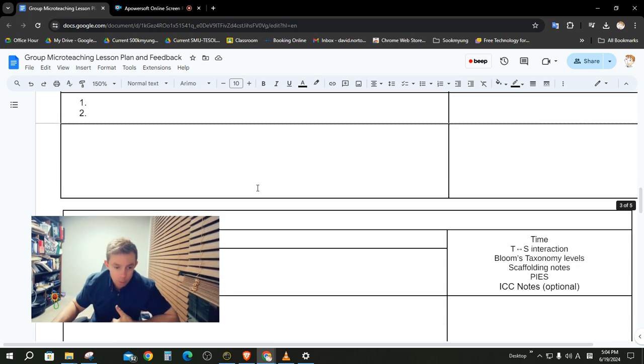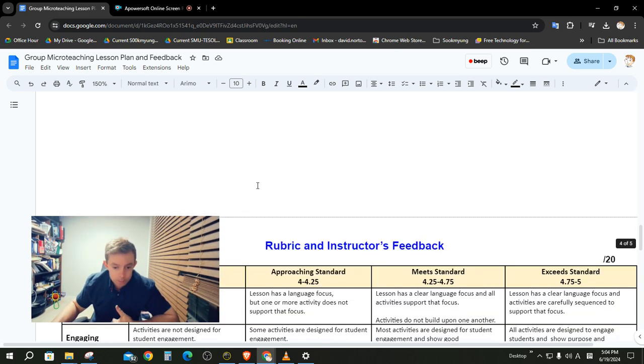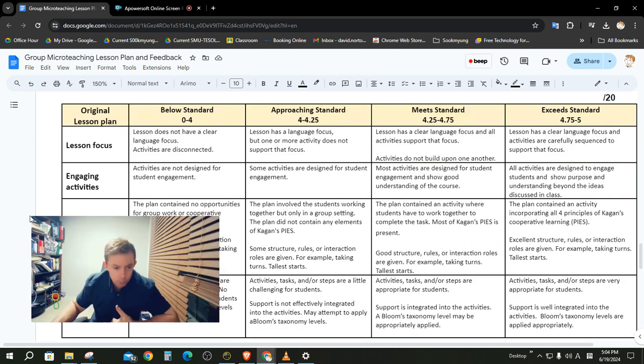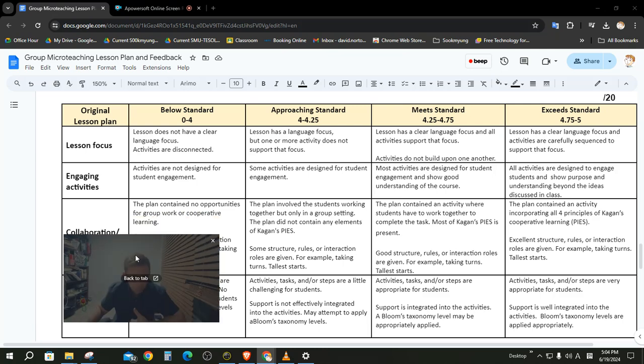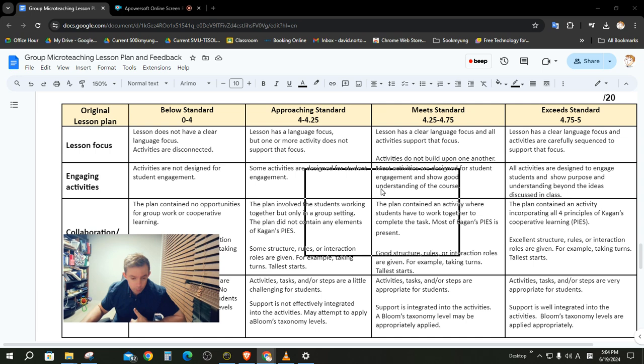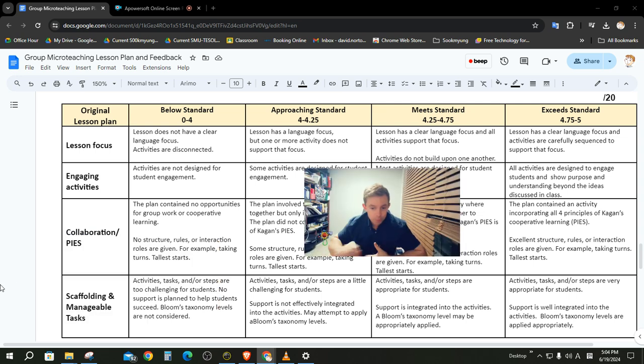What's more, let me tell you about your rubric a little bit. You remember being a student. It's important to know your rubrics. Of course, as a teacher, you use these things, I'm sure. But in your lesson plan, if you look at the highest level, you want to have a clear language focus.